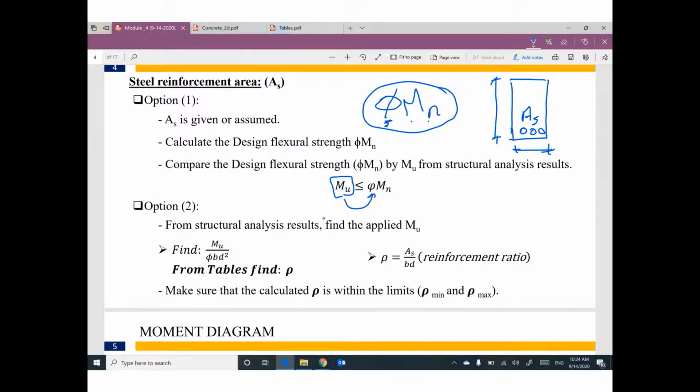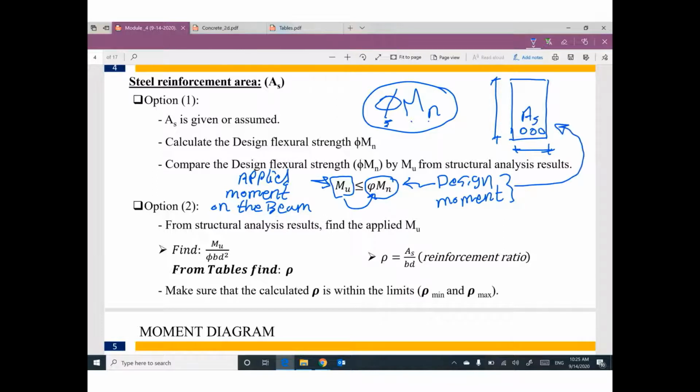So this one is the applied moment on the structure or on the beam. And this value can be found using structure analysis. This one is called the design moment. And this design moment depends on what is the cross-section dimension, what is the given area steel.